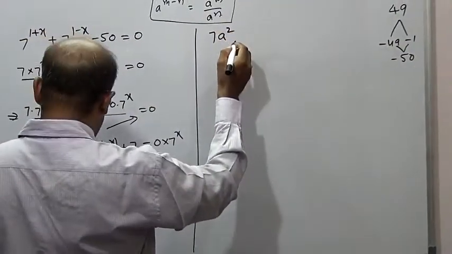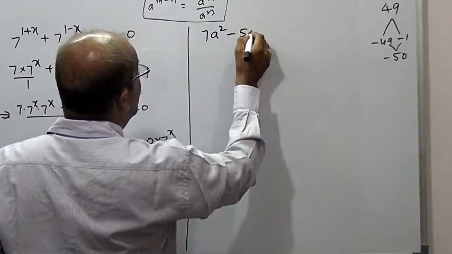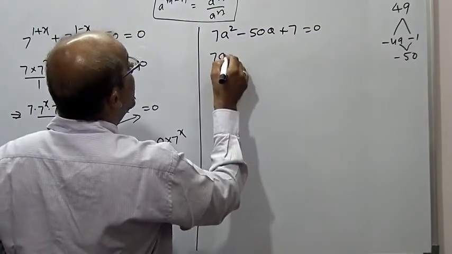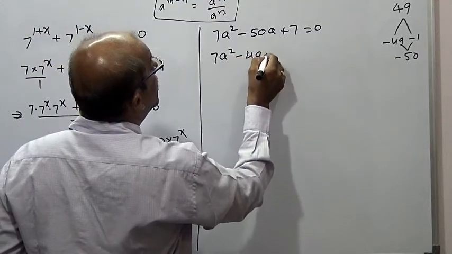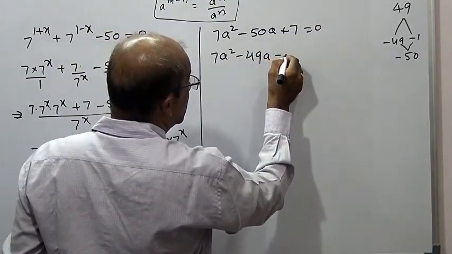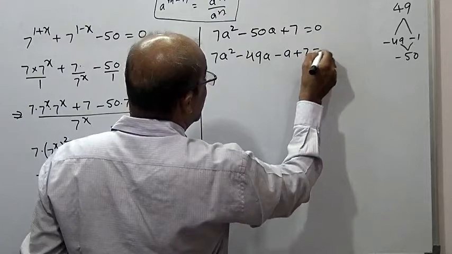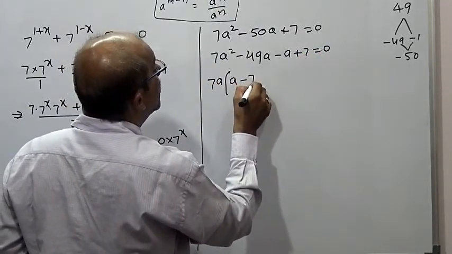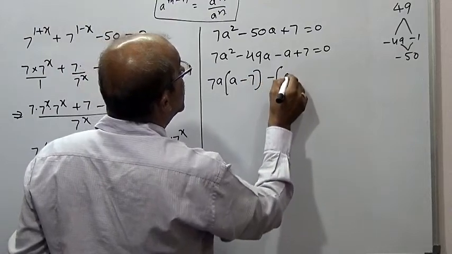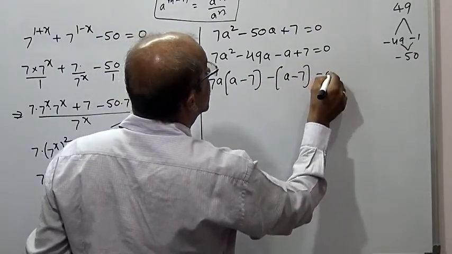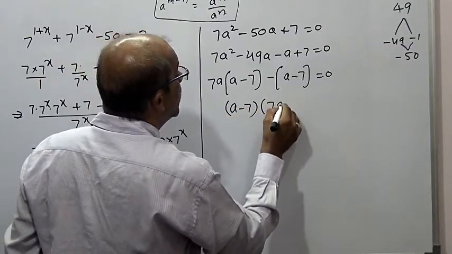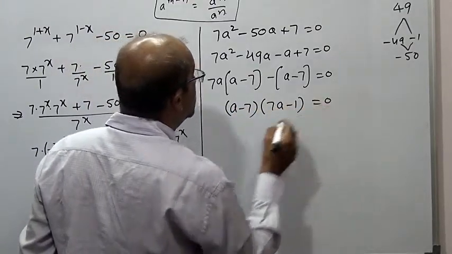So 7a square minus 49a minus a plus 7 equal to 0. 7a take common, a minus 7, minus take common, a minus 7 is equal to 0. Again a minus 7 take common, 7a minus 1 is equal to 0.